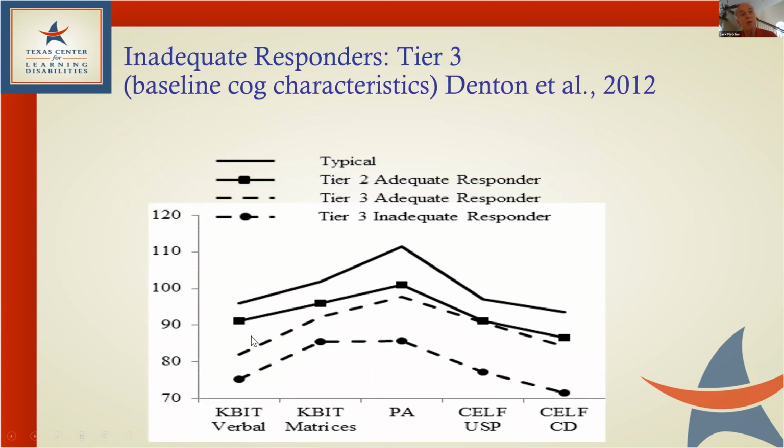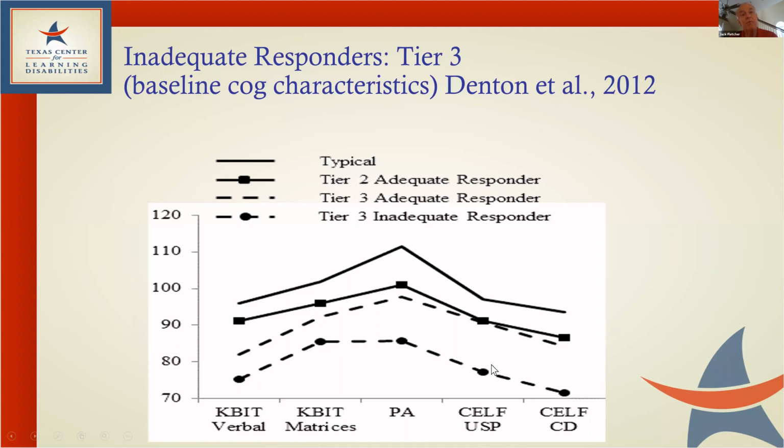This is the same group after a tier 3 intervention, where we have measures of vocabulary, nonverbal reasoning, phonological awareness, oral language. Don't get confused by the up and down direction of these profiles, but you see the same sort of statistically significant differentiation, where these are typical kids, these are tier 3 adequate responders, and these are tier 3 inadequate responders.